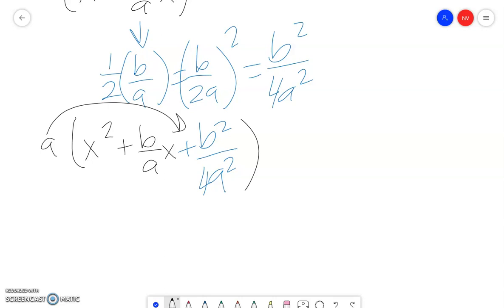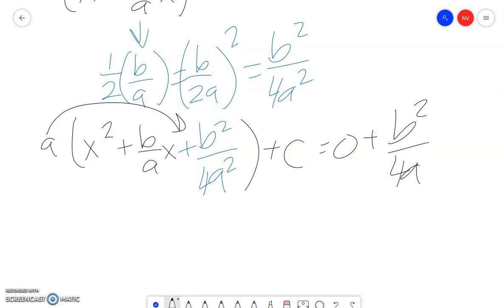So don't forget the a was on the outside. So on the right side of our equation, we need to add the b squared over 4a squared times a, which is going to give you just b squared over 4a, because the a on the top and the bottom will cancel. So you're just left with one a at the bottom.